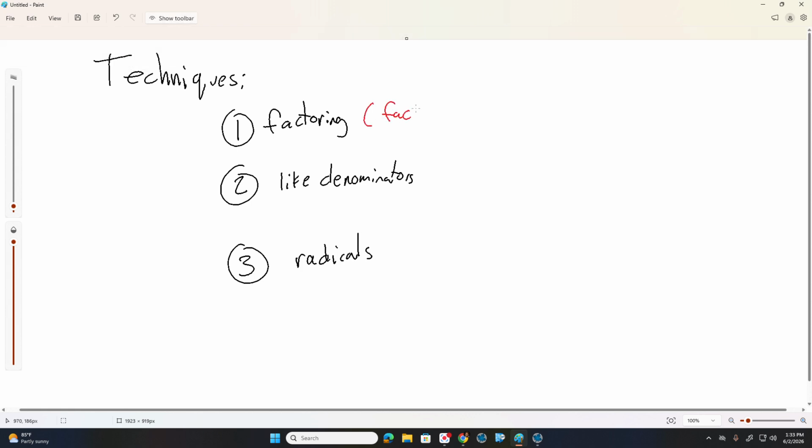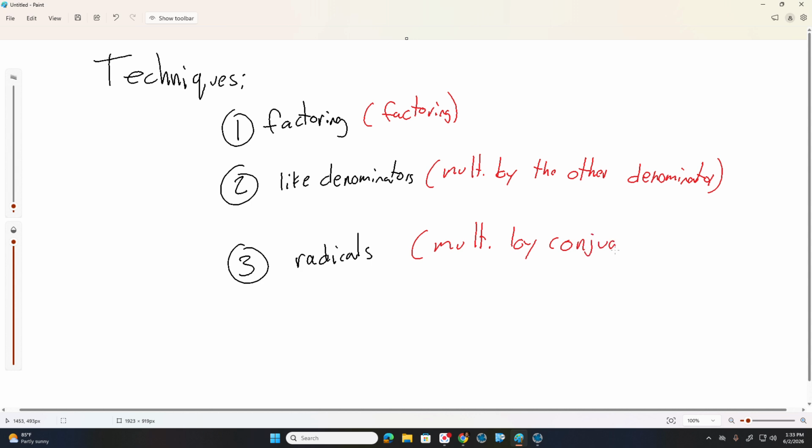Well, unfortunately for factoring, that's just what we have to do. There are some advanced techniques like the quadratic formula, but by and large, that's not something that I think you're going to need. For like denominators, again, we're going to multiply by the other denominator, specifically top and bottom. And for radicals, we're going to multiply by the conjugate. Remember, we just turned positive, interesting parts into negative parts.